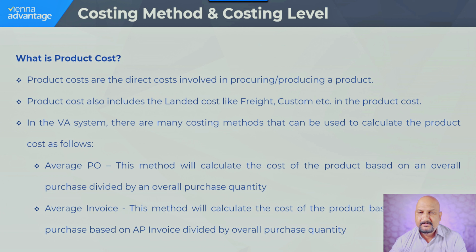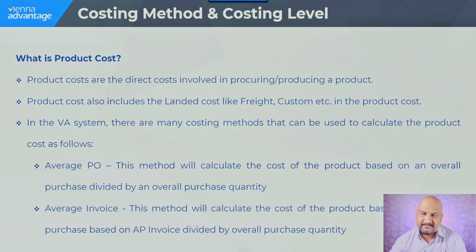It means since the system started till now, whatever we have purchased, the overall purchase price divided by the overall purchase quantity. That is the average PO. But in this case, the prices are considered from the purchase order and not from the invoices.